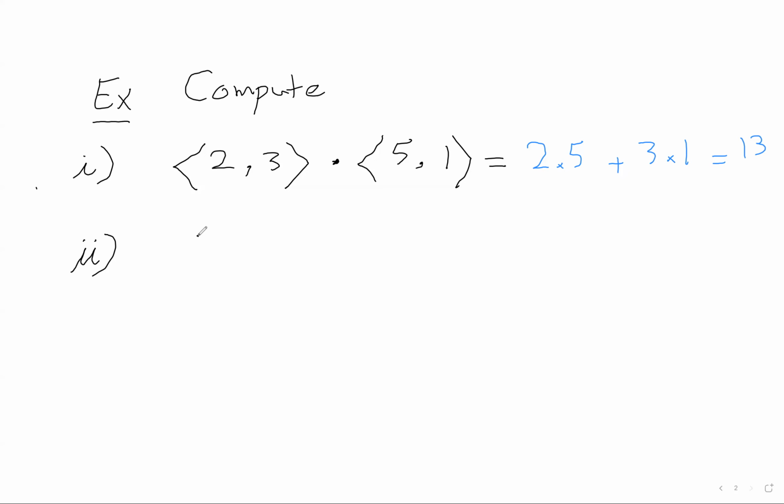Suppose I have 4i plus 3j, this vector, dot product with the vector 6i minus 10j.